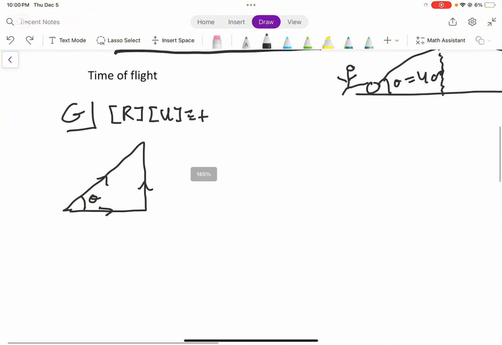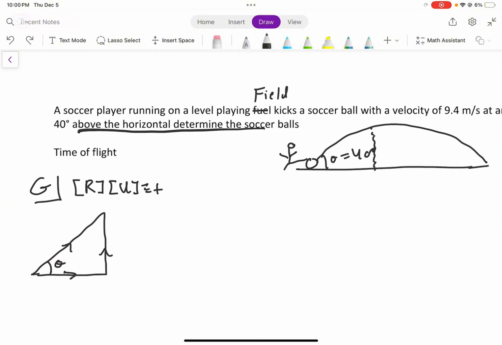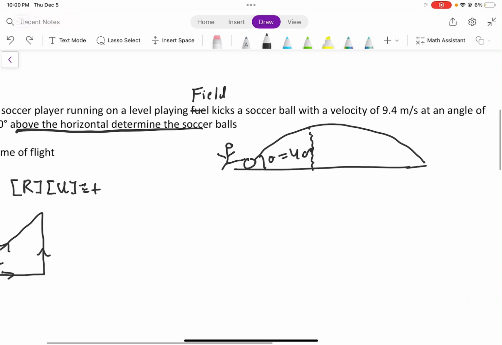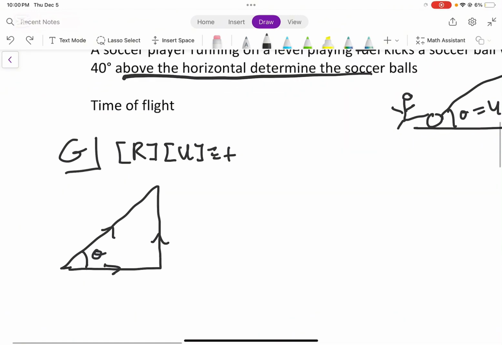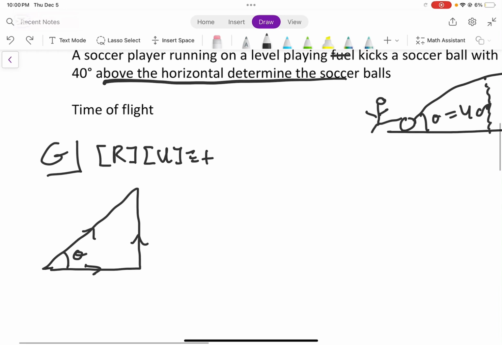So now that we have this, we know that the velocity is 9.4 meters per second, and at an angle. So the velocity isn't just straight horizontal or straight vertical. It's at an angle, right? So we know our velocity is going to be right on the hypotenuse. Our v is going to be 9.4 meters per second, correct?